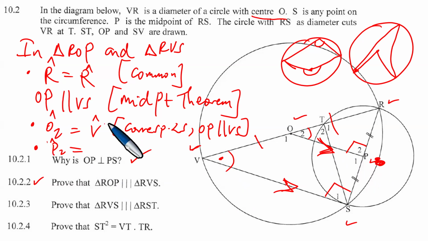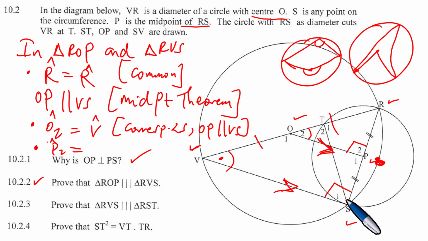And we said that it's a line from the center to the midpoint, because this is equal to this, midpoint. But also the examiner said P is the midpoint of RS. So if it is the midpoint, then it is perpendicular there. Okay, but now the angle P2 is equal to the whole of this angle, 90 degrees. But why is this 90 degrees?